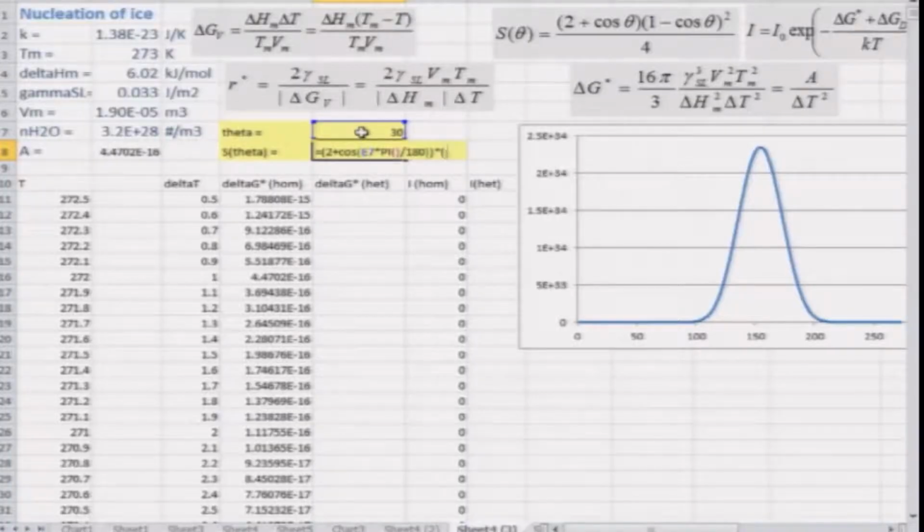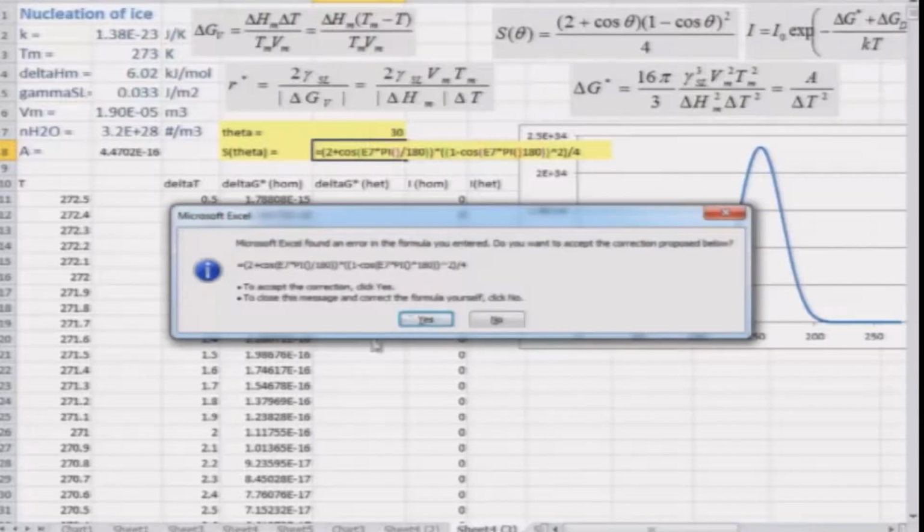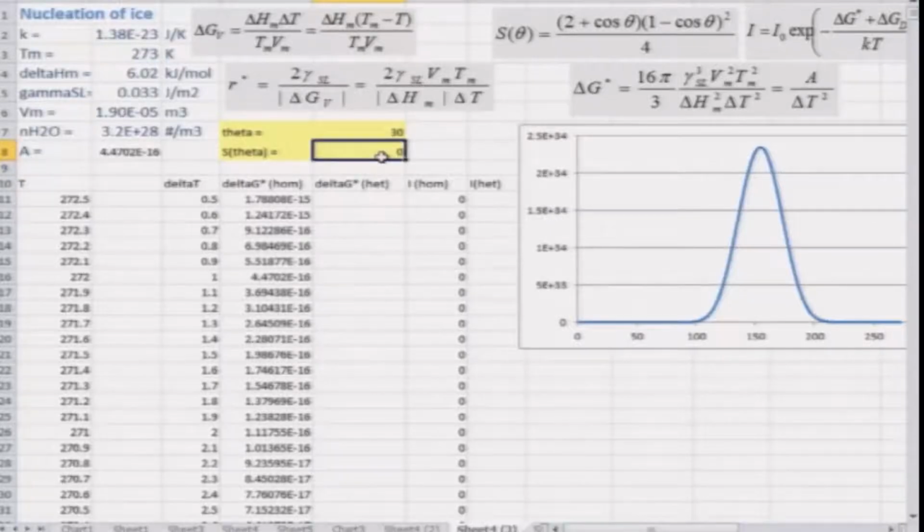So, let me open another bracket, 1 minus cos theta in cell E7 multiplied by pi divided by 180, brackets closed, then square the whole term, and the whole thing divided by 4. I guess I made a mistake somewhere in the brackets, so I'll just have a look at that expression again. Let me write this equation again.